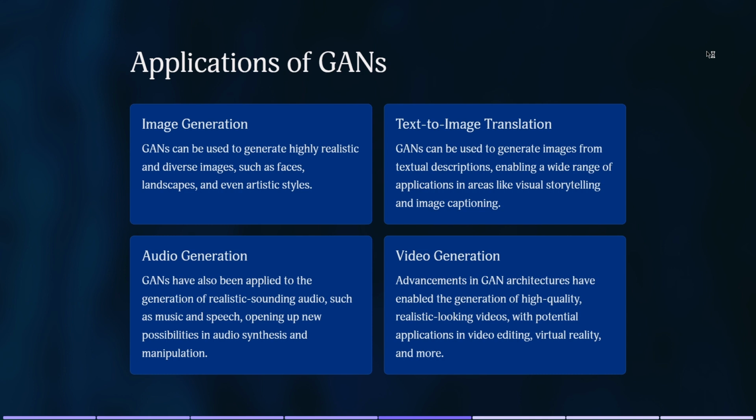Audio generation. GANs have also been applied to the generation of realistic sounding audio such as music and speech, opening up new possibilities in audio synthesis and manipulation. Video generation. Advancements in GAN architecture have enabled the generation of high quality, realistic looking videos with potential applications in video editing, virtual reality and more.